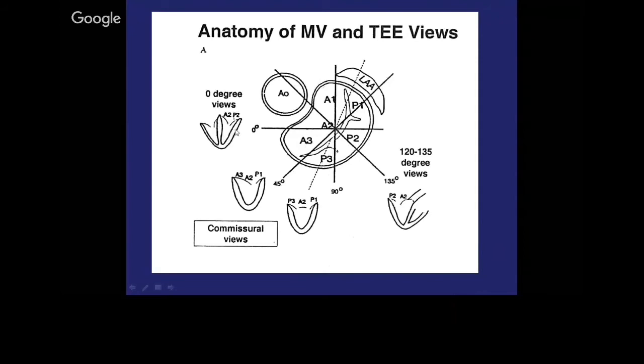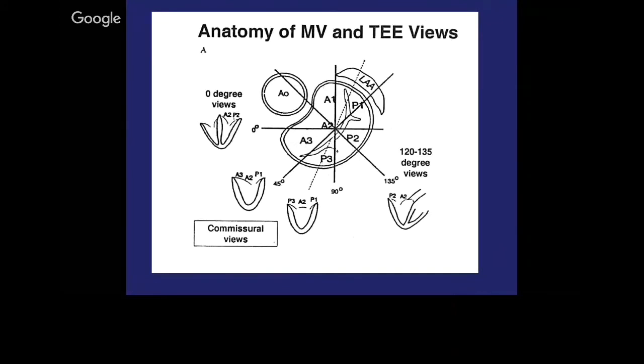But when we change the angle to about 45 to 60 degrees, that's what we call the commissural view of the mitral valve. And these are the scallops that we see. We see the P1 and we see some of the A2 and A3. Do you twist it to a fixed degree, or do you wait till you see the right view on the echo?